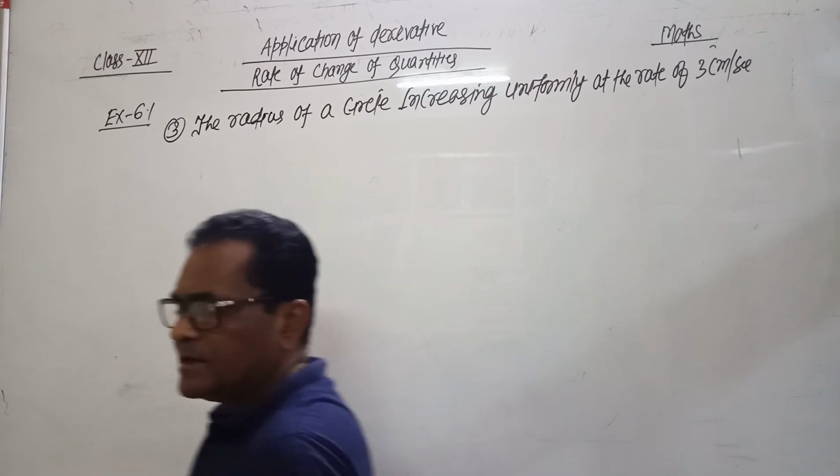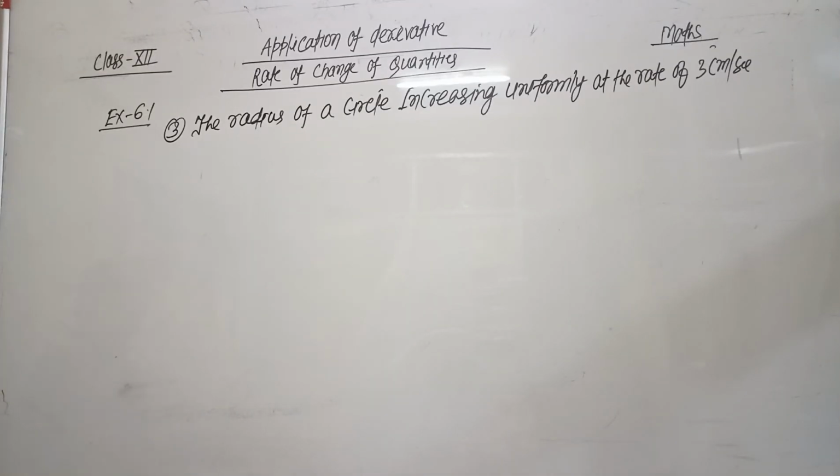We are given the increase in radius, and we have to find the rate at which the area of the circle increases.